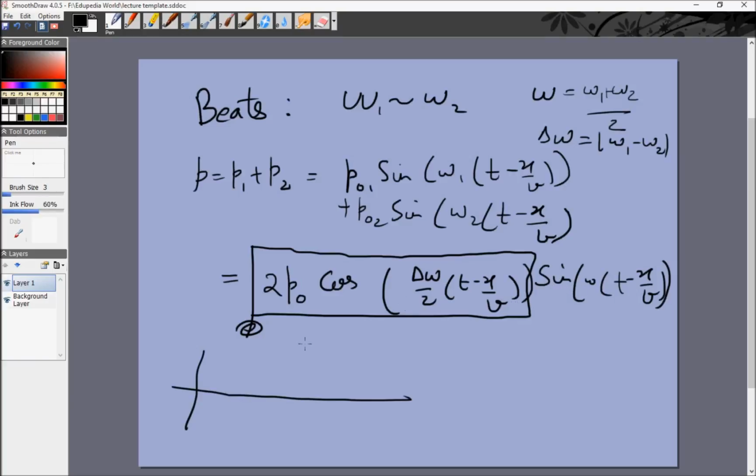So let's say the first one goes like this. It goes very fast. And the second one, this one, the delta omega by 2 term moves very slowly, and it goes like this. Right. So when you multiply these two, these points will be multiplied by 0. These points will be multiplied by 0. These points will be multiplied by 0. These points will be multiplied by highly positive numbers. These points will be multiplied by high numbers as well.